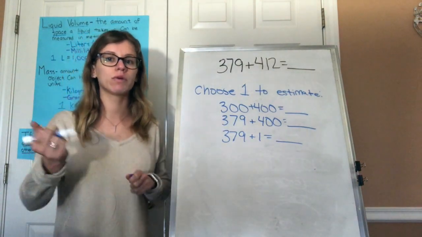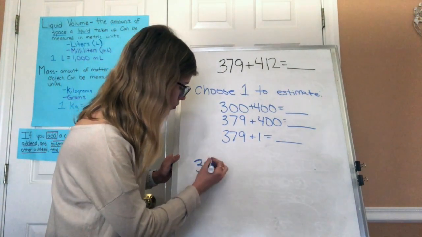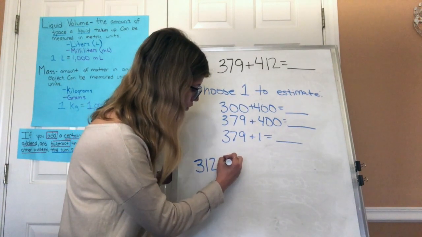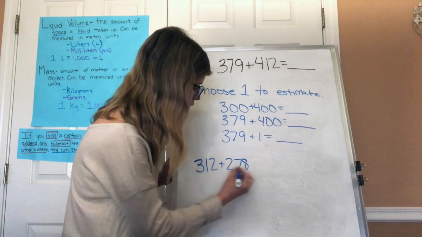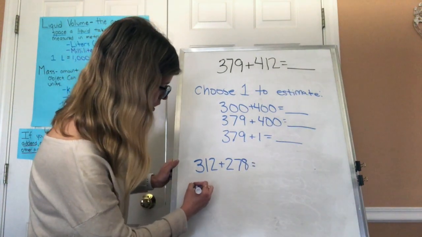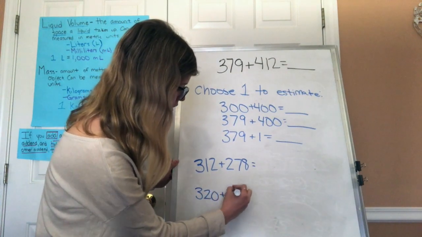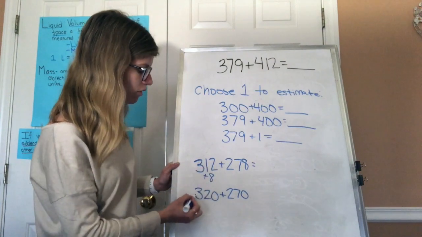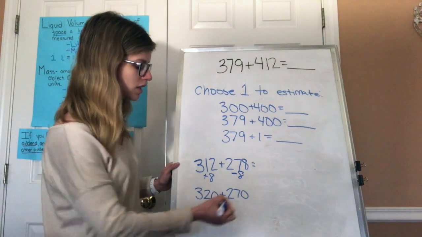So for example, that means that if we did the equation 312 plus 278, we can change this equation and say 320 plus 270. And that would mean we added 8 to 312 to get 320, but then took away 8 from 278 to get to 270.